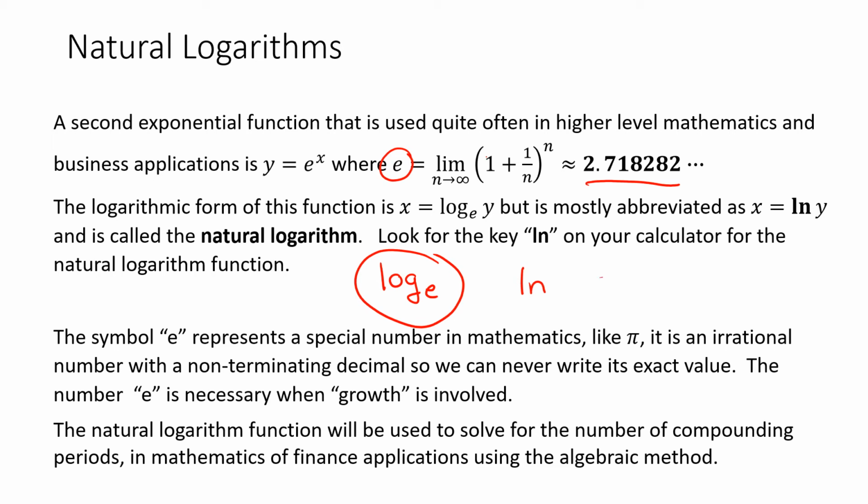The reason ln is beneficial is you don't have to stop and think about what base you have. For the log function, you can only use your calculator to take the log of, let's say, the number 10 if your base was 10. If you were given a question with log base 2, you couldn't use your calculator for that.